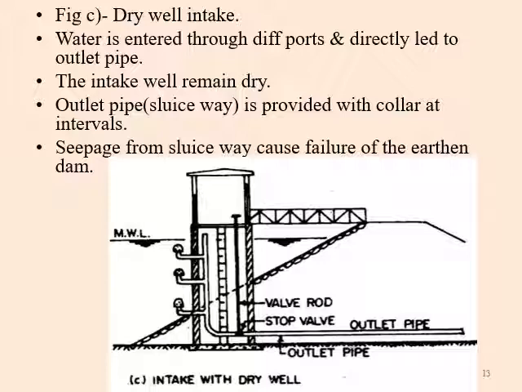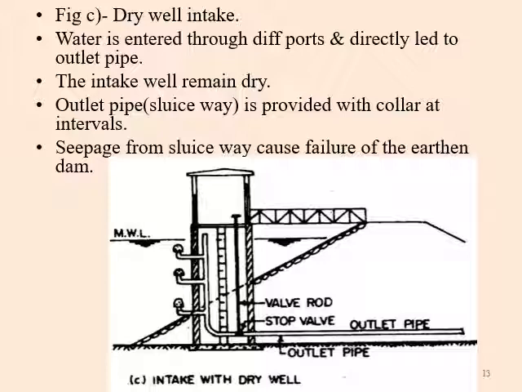The outlet pipe sluiceway is provided with a collar at different levels. So here it is the outlet pipe. One more thing, a stop valve is fitted and connected with the gatehouse. If we want to stop the water withdrawal through the outlet pipe, we can stop it from here.